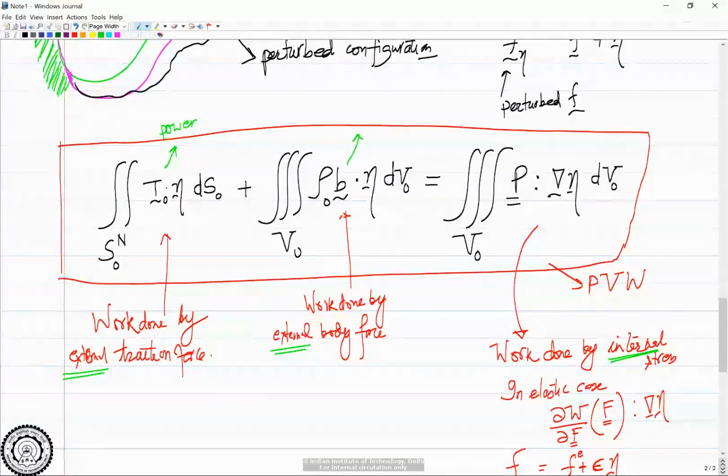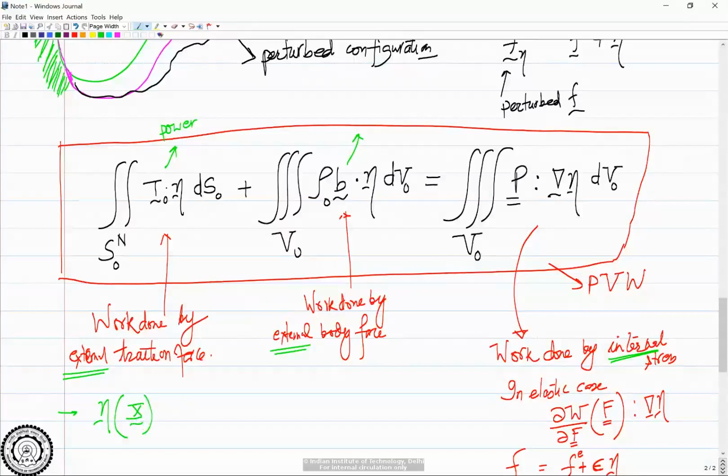Eta will be a function of small x? Not small x. Eta is a function of big X. It's not a function of small x. Eta is a field. It is changing from point to point in the body. So eta is a function of big X. Eta does not depend on the configuration of the body. Eta is arbitrary.